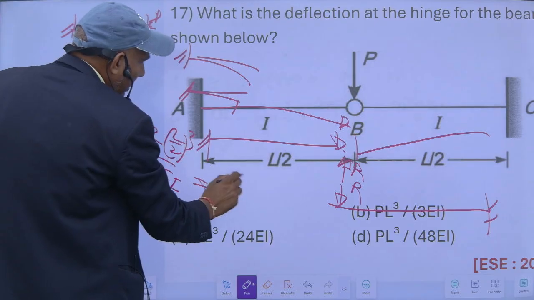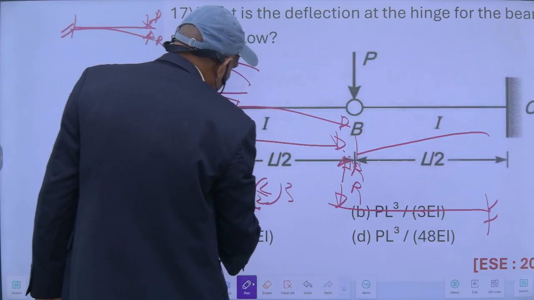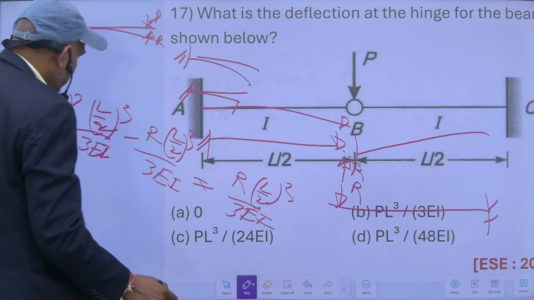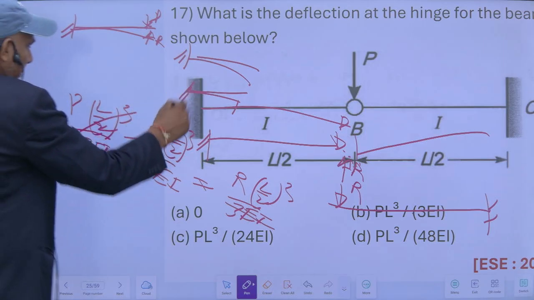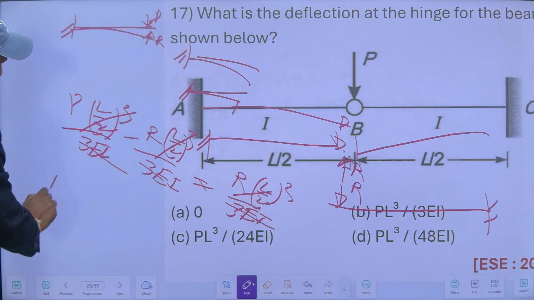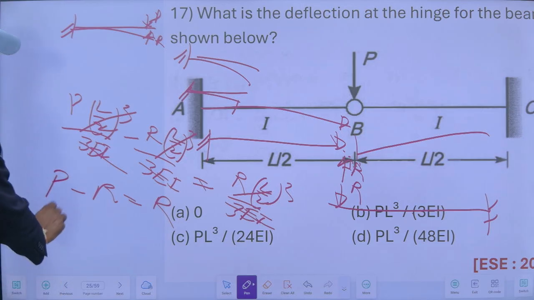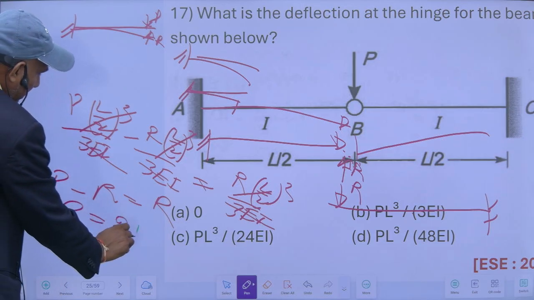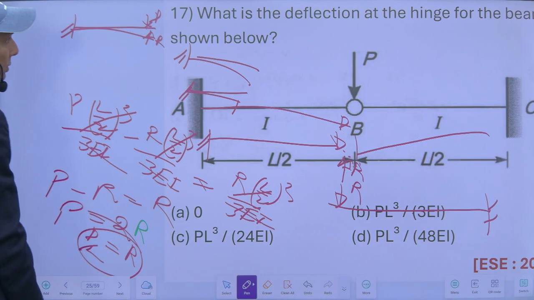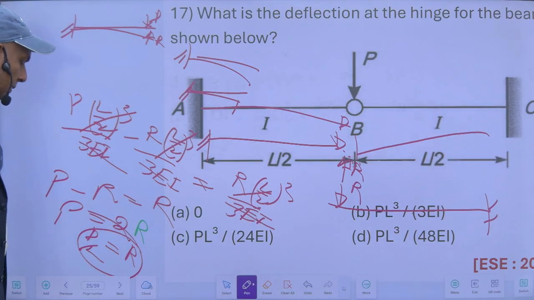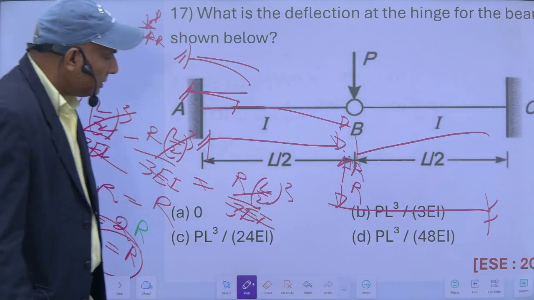This is R and this is L by 2 cube upon 3EI. The 3EI and 3EI cancel, and L by 2 cube cancels on both sides. So P minus R is equal to R, so P is equal to 2R, means R is equal to P by 2. And the deflection at this point is equal to how much?